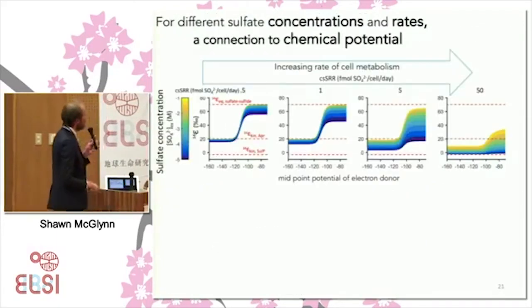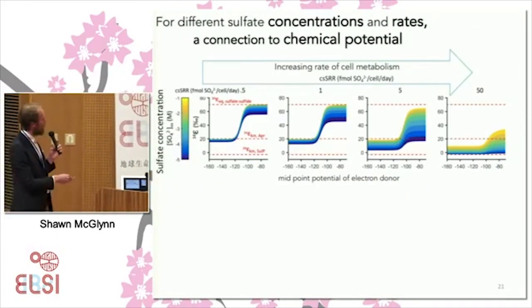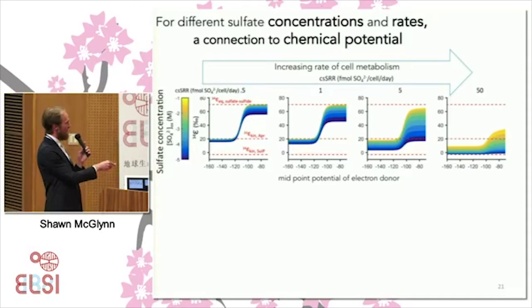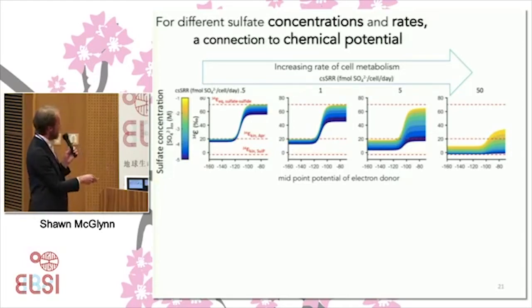And we were able to do that for a number of different rates of microbial sulfate reduction. And you can see when cells are really cranking through sulfate and making sulfide, that kind of mutes everything. They're pulling the sulfate through their metabolism so fast that it doesn't ever have time to approach these equilibrium values.